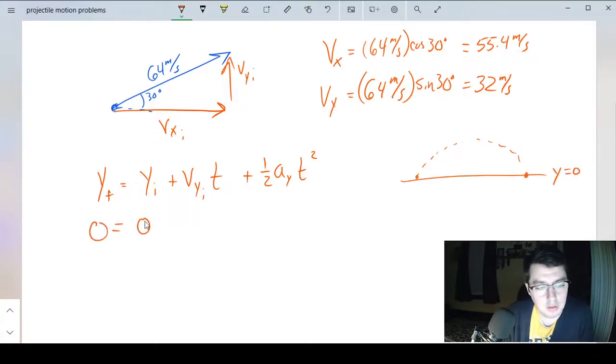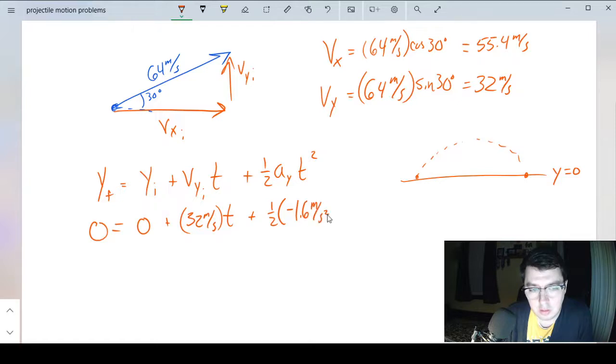This is actually pretty straightforward. Plus, I've got 32 meters per second as my initial y times t. Plus 1/2, the acceleration was minus 1.6 meters per second squared times t squared. I can solve this. This one actually ends up being pretty simple because I've got the zeros.